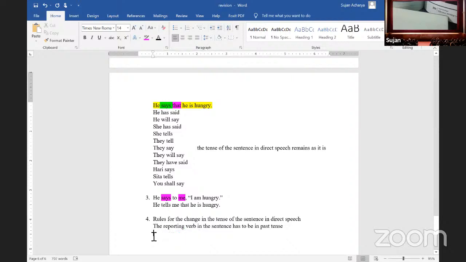If the tense of the sentence in direct speech is in simple present, then the tense of the sentence in indirect speech changes into simple past. Example: she said to us, I write a letter.